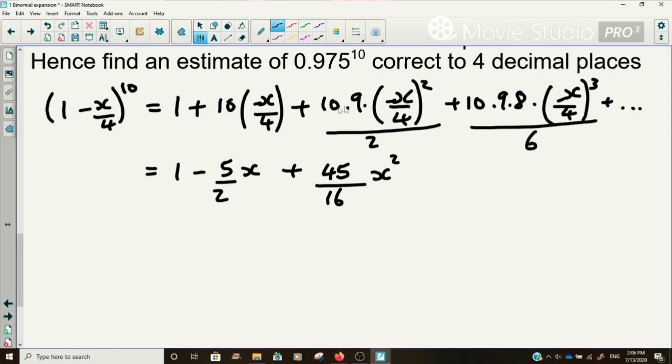So you can do 10 times 9 divided by 2 and then divide by 16, or 2 lots of 16 in the denominator. A little tip for you. The last term is minus 15 over 8 x cubed.